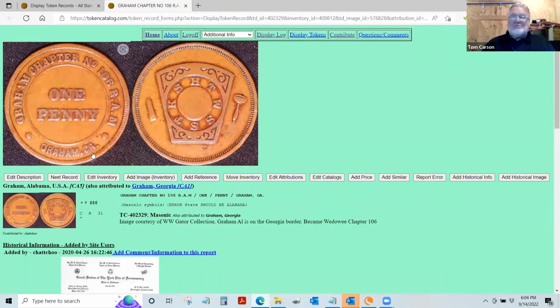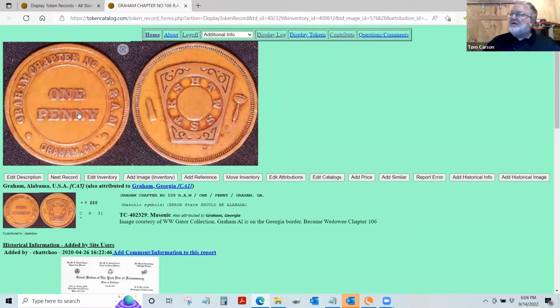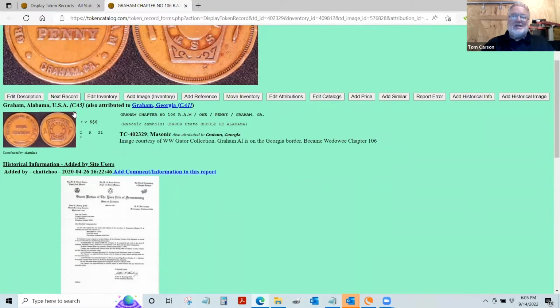First one, Graham, Georgia. Well, this penny wasn't from Graham, Georgia. It was from Graham, Alabama. Graham, Alabama was right on the border between Alabama and Georgia. It probably went through a Georgia post office, and somehow the token manufacturer got mixed up.